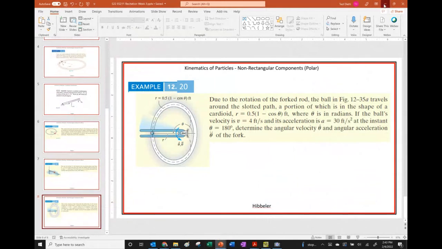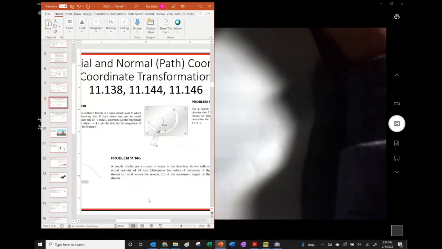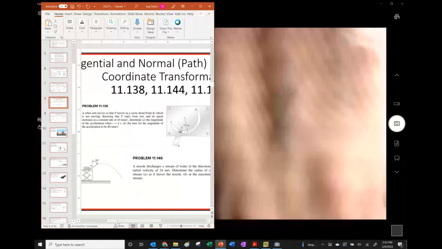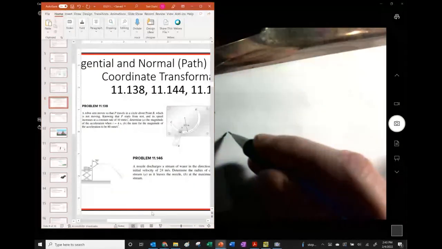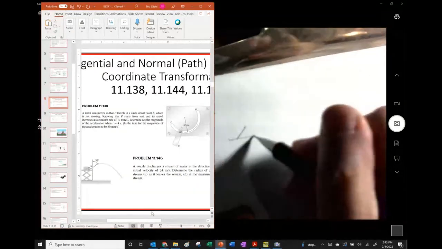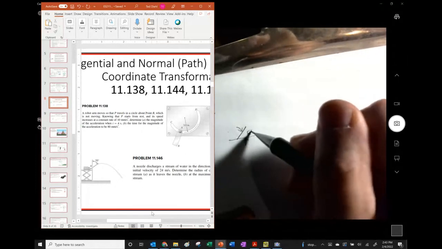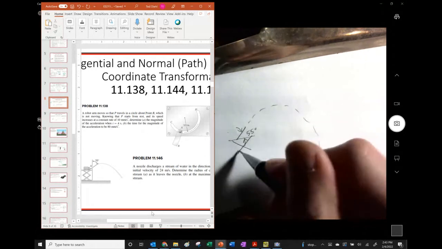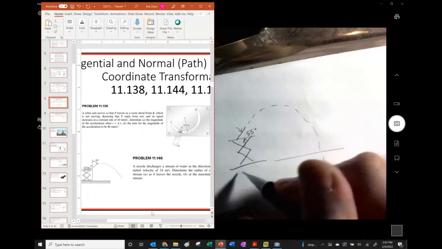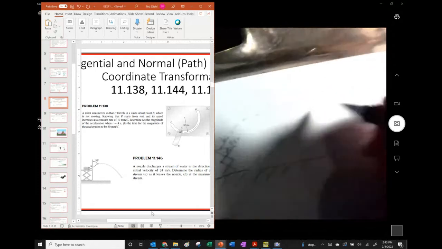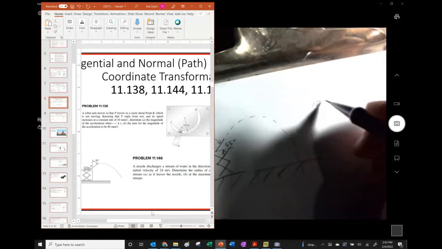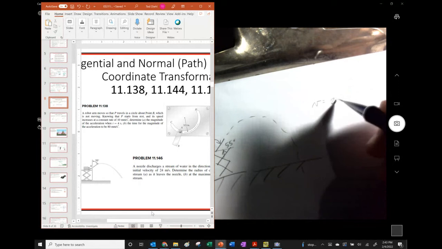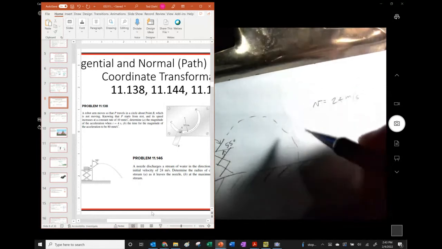All right, where do we go here? No, that's not the one. This one. All right, you can barely read that. Yeah, so the thing is shooting out here at 55 degrees. And for some reason, this thing looks like that. I don't know what that is. And the initial velocity is going to be 24 meters per second.